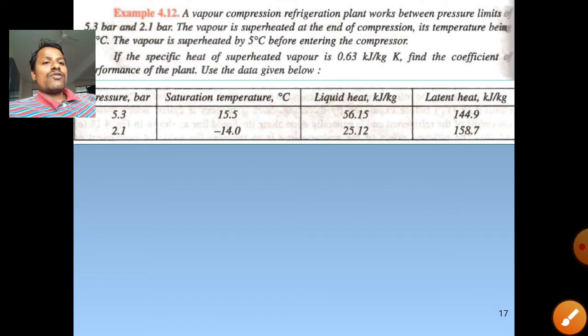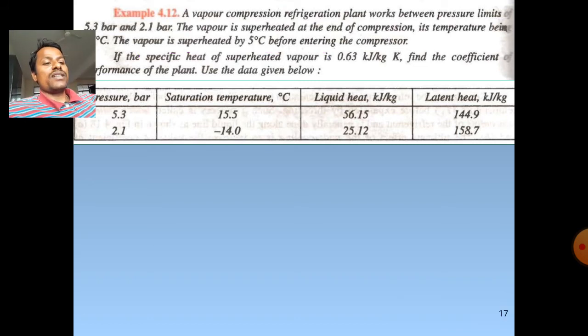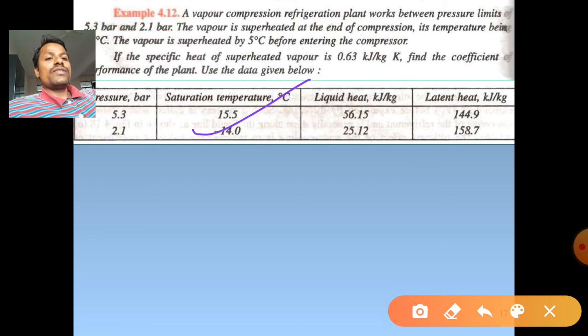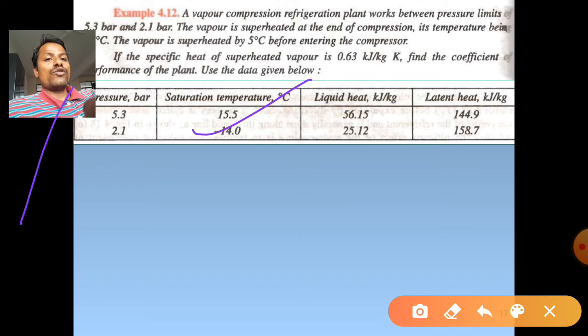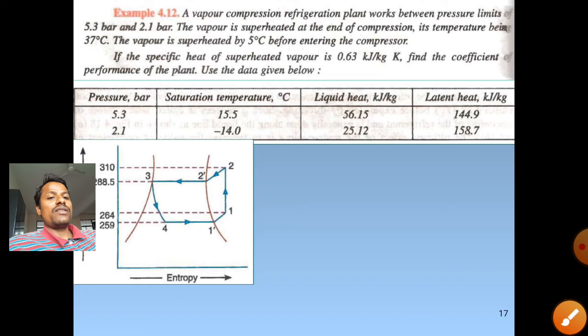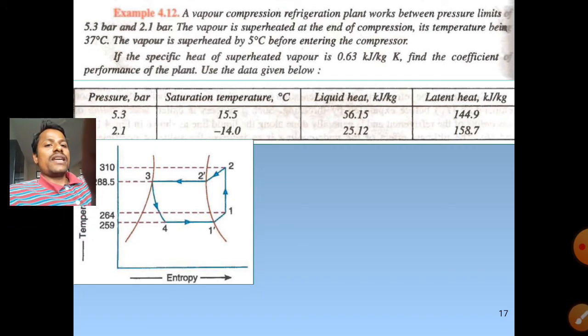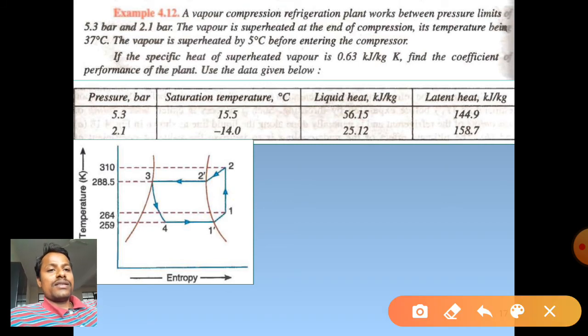Now, we will solve a simple numerical on this. The change in the problem statement is the vapor is superheated by 5 degrees Celsius before it enters the compressor. Now, these are the properties of refrigerant mentioned in the problem statement. I request you to pause this video and note down the problem statement for your understanding. Now, here we have the saturation temperature in Kelvin, then superheat temperature.